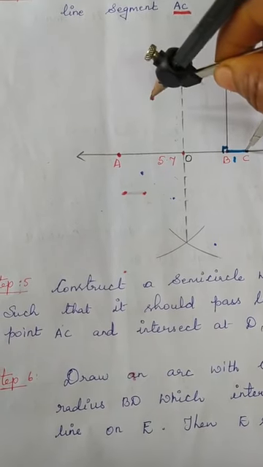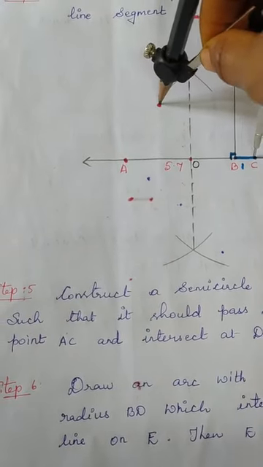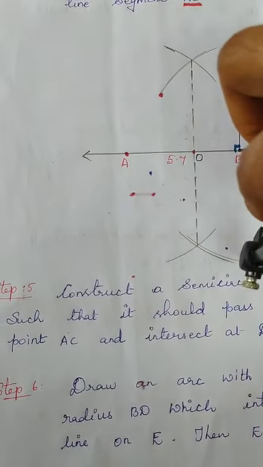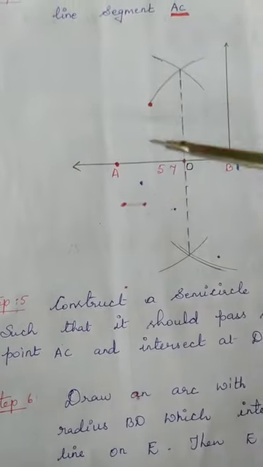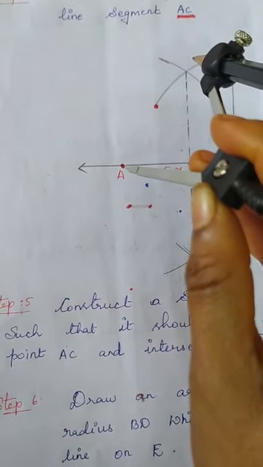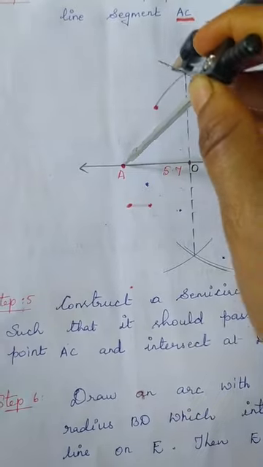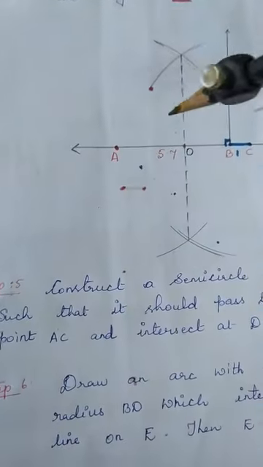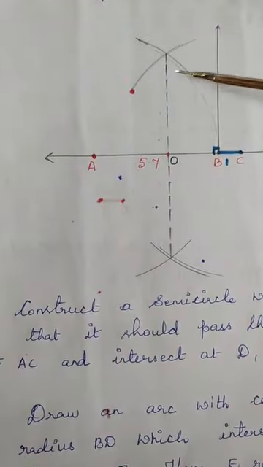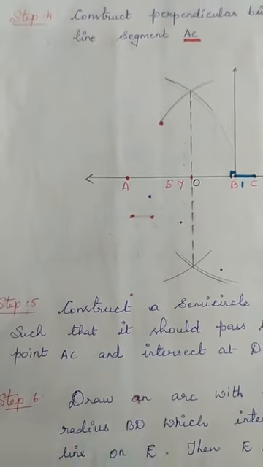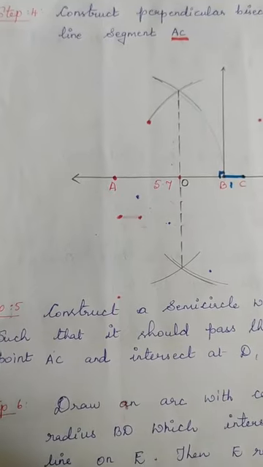Listen here. See, from here you are going to keep it and cut an arc, and here also you are cutting an arc. Then you are going to keep the same radius on A also, and cut an arc up as well as down. So once you make both the arcs up and down, you are going to join them.